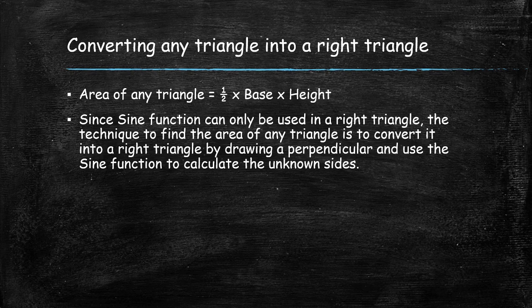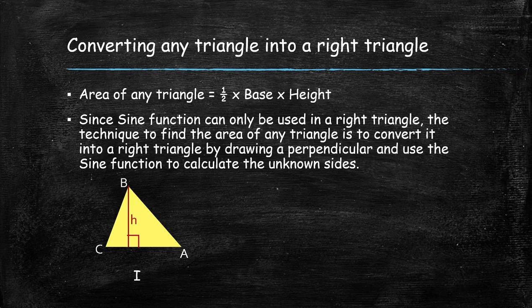So basically we are going to draw a perpendicular. Let's take the first figure, triangle ABC. Then we are going to draw a height h, which is perpendicular. This is an acute angle triangle, and then we drew a height h.